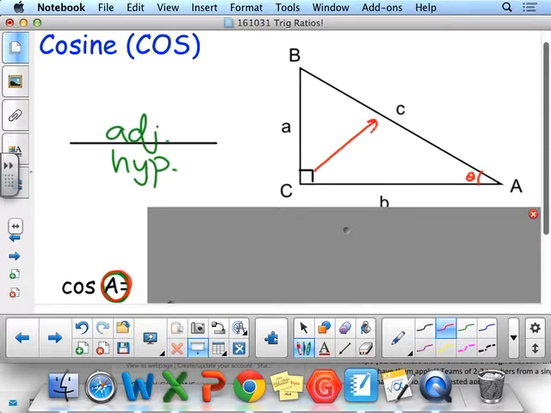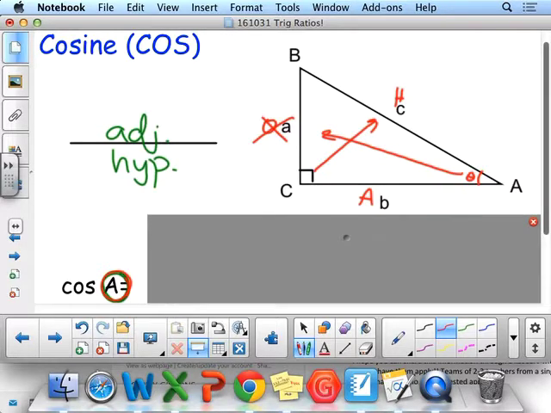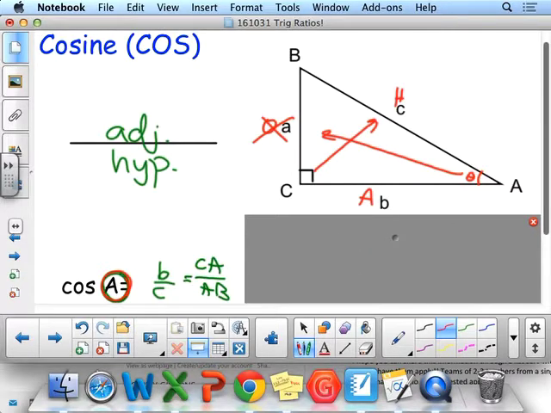So across from my 90 is my hypotenuse, across from my theta is my opposite, whatever's left over is my adjacent. So if I were to look at the ratio of sides adjacent over hypotenuse, now I don't care about this O, I'm going to put little b over c. Or this line CA over AB.